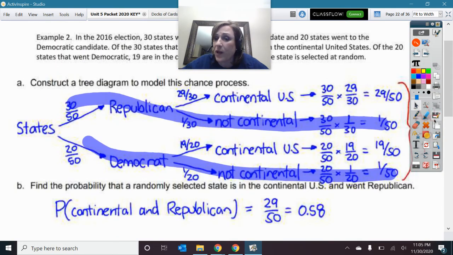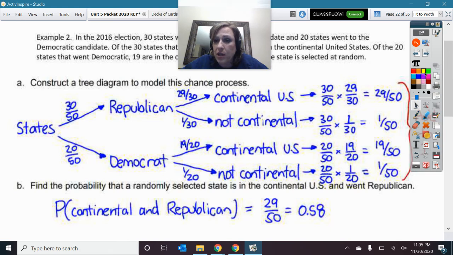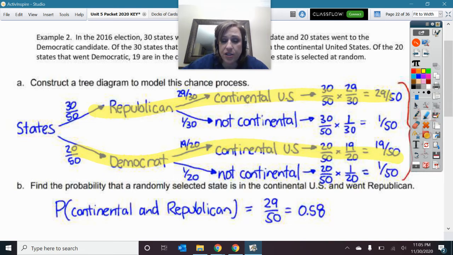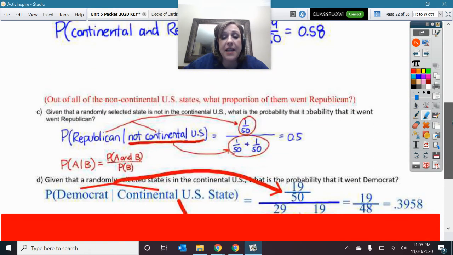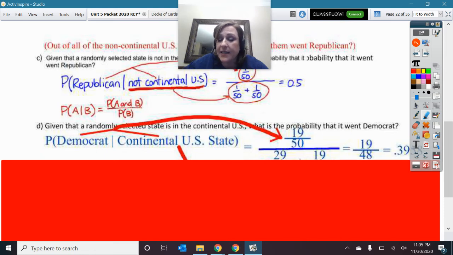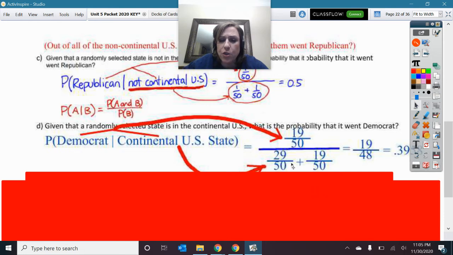So all of the continental United States was the Republican continental ones, 29 out of 50, plus the Democrat continental U.S. ones. So we add those two, 29 50ths plus 19 50ths. The denominator is 29 plus 19, so 48 over 50.